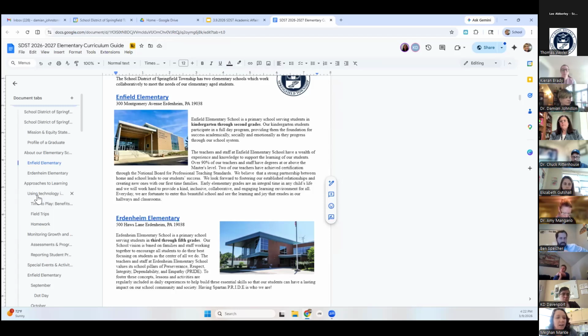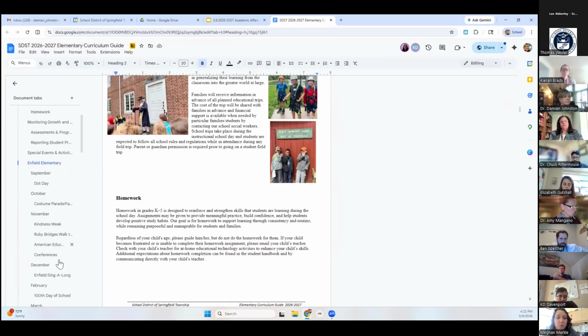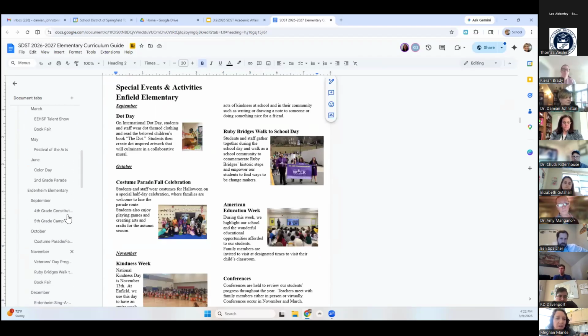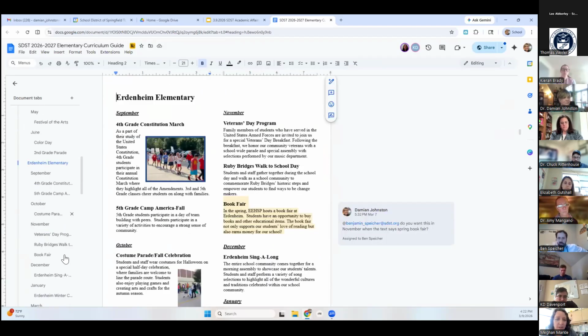So I think this really captures K-5 and what they're learning about, what are the big milestones we're having, what are the events that everybody can look forward to. And so I really do think this curriculum guide provides a lot of great information for our families.